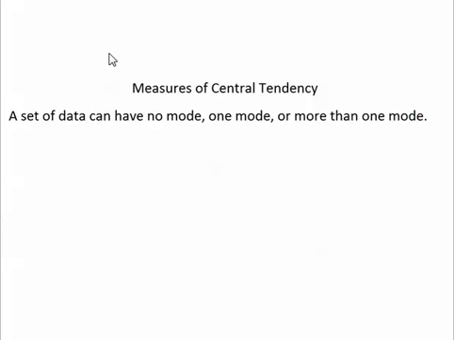So once again, if I ask 6 people, what's your college major? And their answers are psychology, economics, business, there's no mode. It's sort of like all the values are tied.